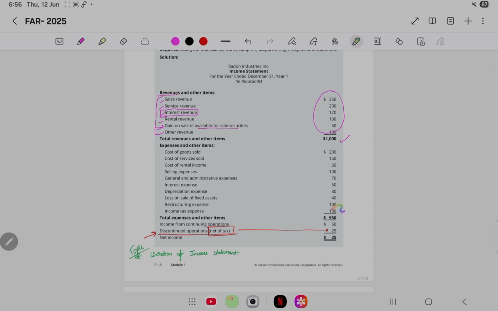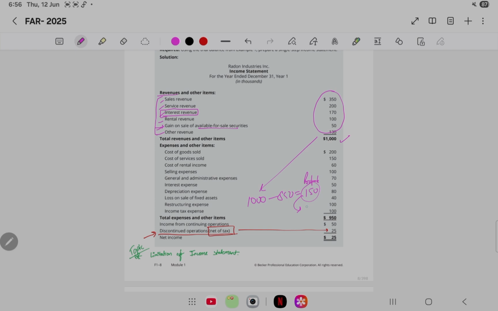If we remove the 100 from the expenses, it will be $850, right? So 1,000 minus $850 comes as 150 profit. Now on that we have to pay the tax.